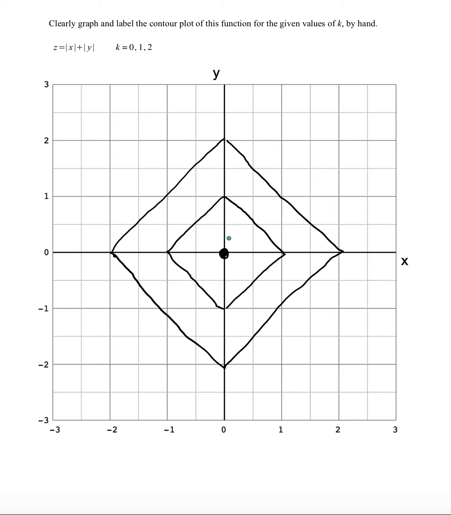We'll label our k values. And it's done.